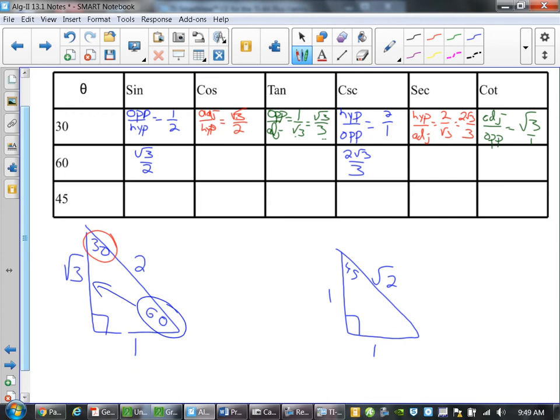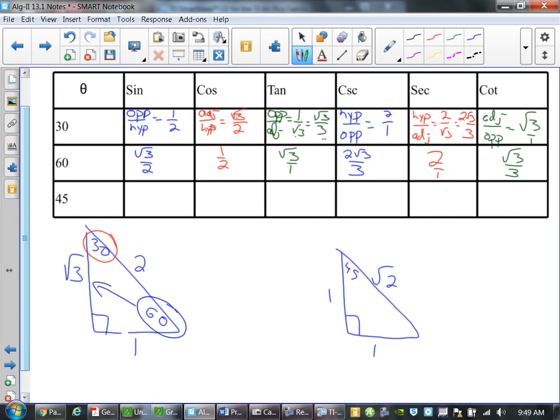Cosine is 1/2, very good. Which means the secant is 2. And then, bless you, your tangent will be root 3 over 1. Which makes your cotangent root 3 over 3. Flip it.